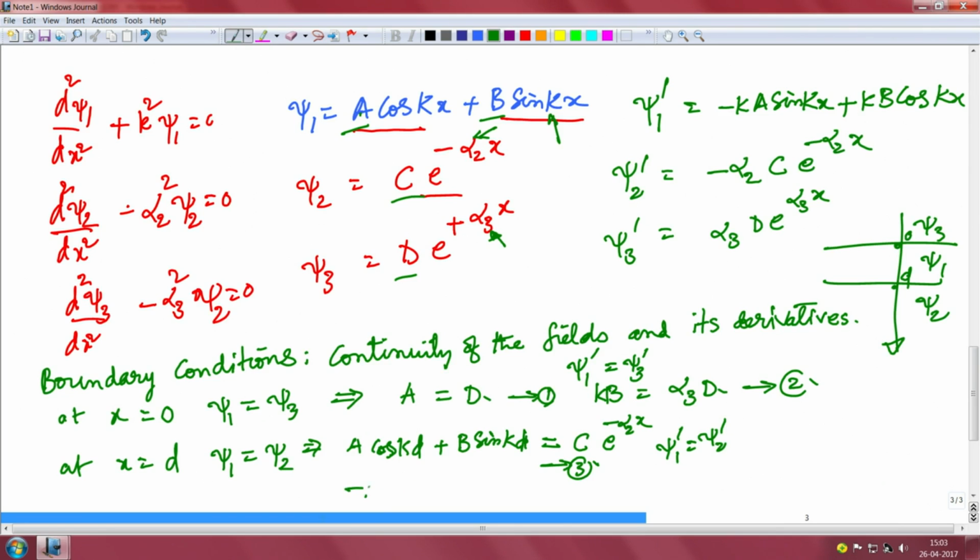Okay, I will write here minus Ka sin Kd plus Kb cos Kd equals minus alpha 2 C e power minus alpha 2 D. We have 4 equations. We have many arbitrary constants a, b, c, d and also beta.